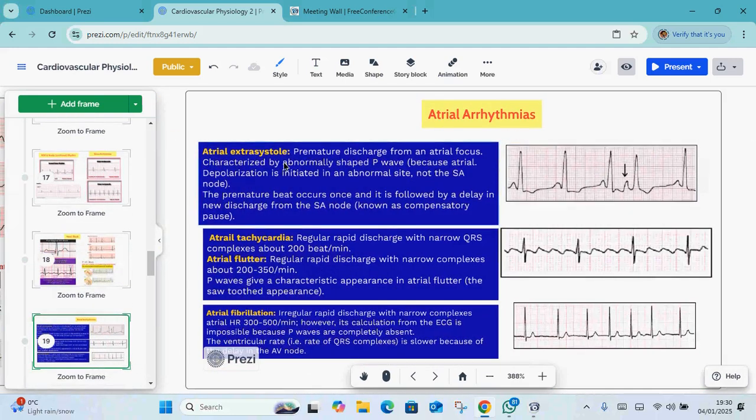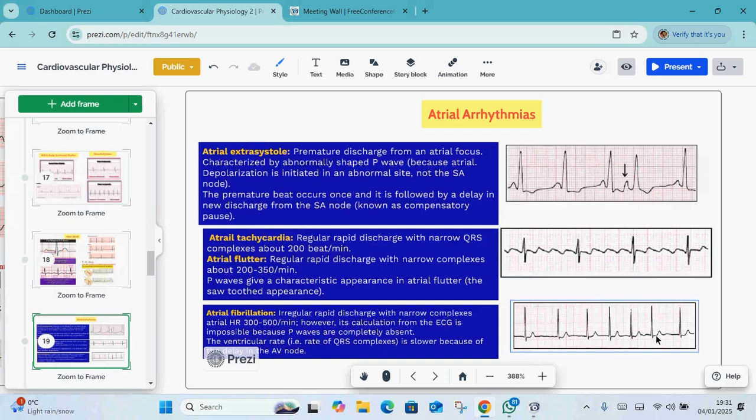Then we said atrial arrhythmias, extrasystoles, when the P wave is abnormal. This is a normal P wave, but this is an extrasystole. So this is normal, this is the top of the normal. So you would expect to wait for an equal distance, but something happened before then. This is extrasystole.